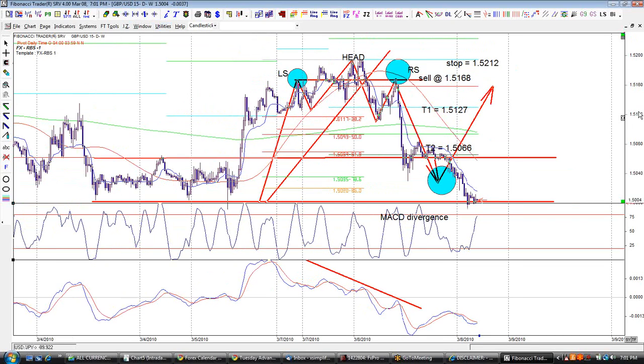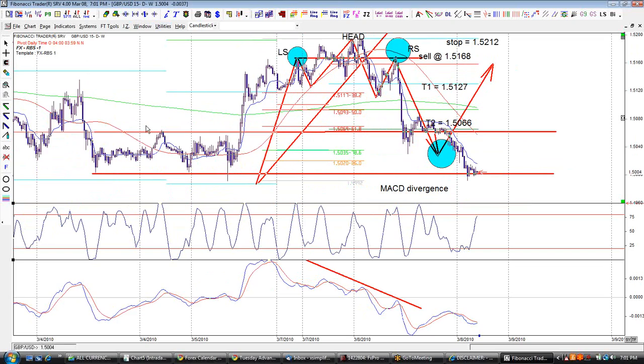Here we have a demand zone. We might see some bullish move now. We see a small bullish MACD divergence forming between those two lows.